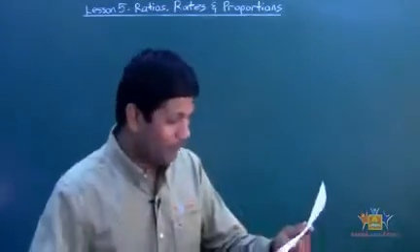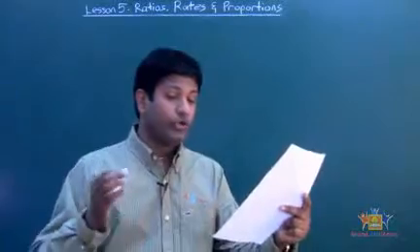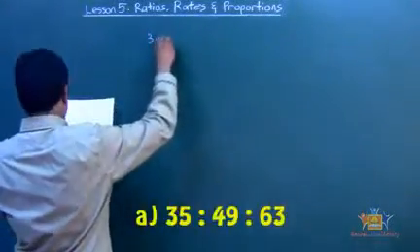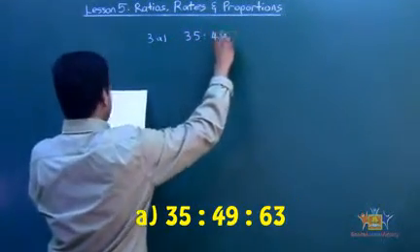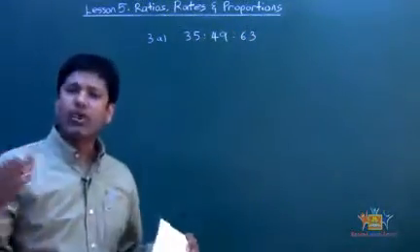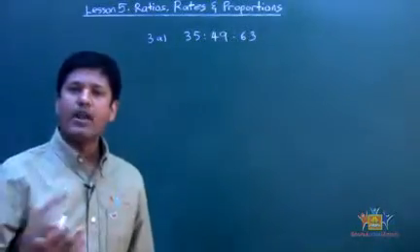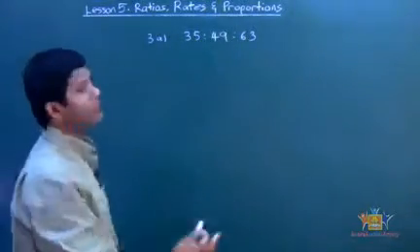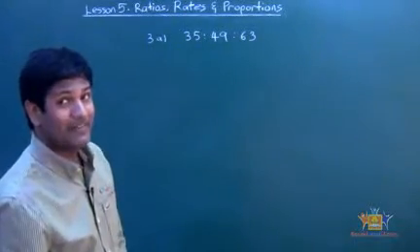My dear student, problem number 3 says simplify the below ratios to the lowest term. Problem 3a, the ratio is 35 to 49 to 63. That's why a timetable comes so handy. If you look at 35, 49, and 63, what is the number that all three of these can be divided by? 7?